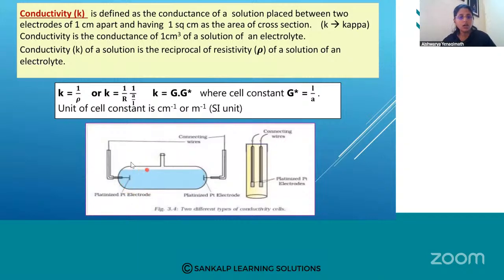This is nothing but the area of cross section, which is denoted as A.